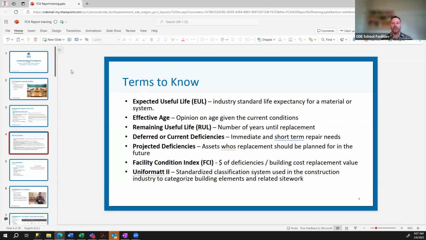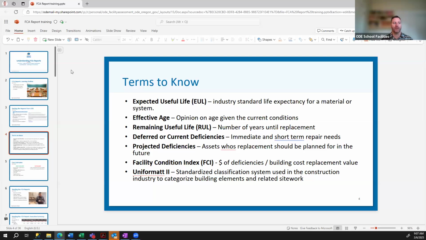The effective age is the opinion of the contractor. So the field staff that are out there, they're going to look at a system and see how it's operating and running and potentially give their opinion on the effective age of that. There's areas in the state, or there's systems and components that are just used harder or more often, and so they have more wear and tear on them.